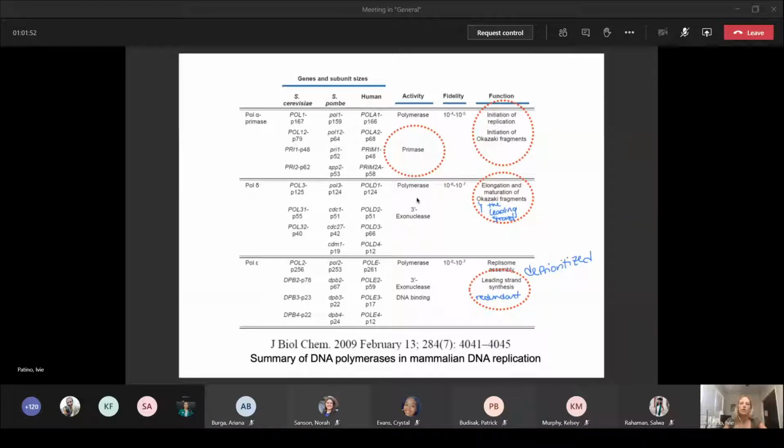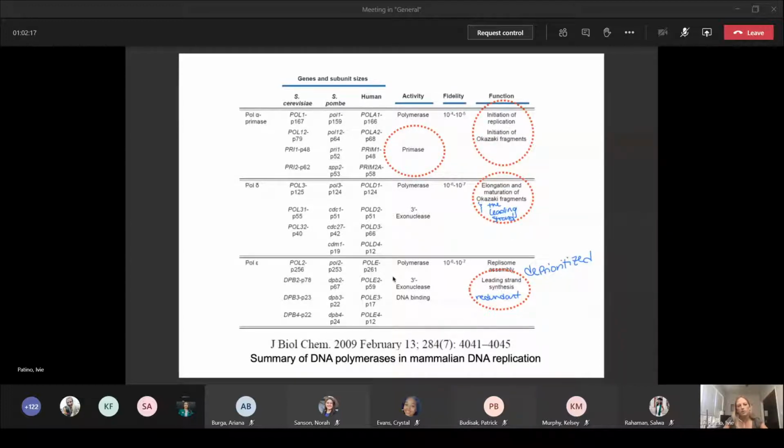It's the initial polymerase that starts after primase, so it initiates replication of the lagging and the leading strand. Then we have DNA polymerase delta. Here it just says Okazaki fragments elongation, but he verbally said also the leading strand, so make sure you write that in there.